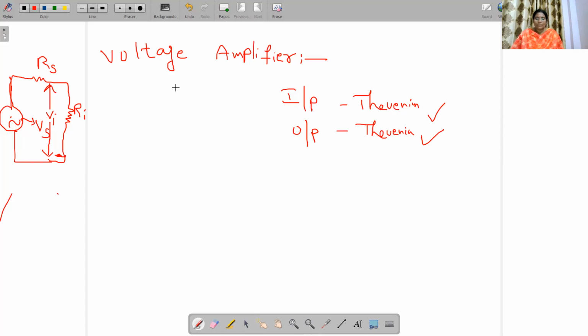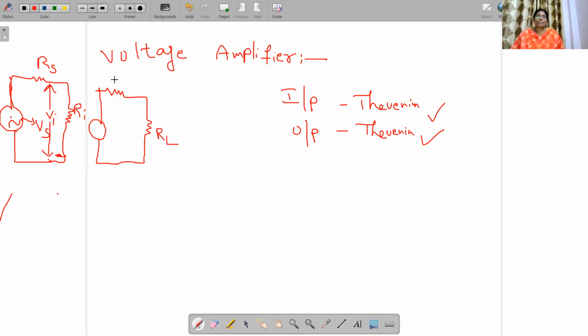That means you have to draw the output side also. Output side is a voltage source AV into Vi, in series with R naught, and then we connect the load resistance RL.